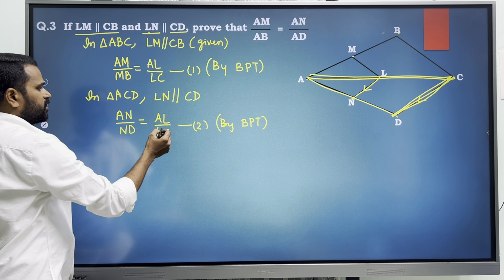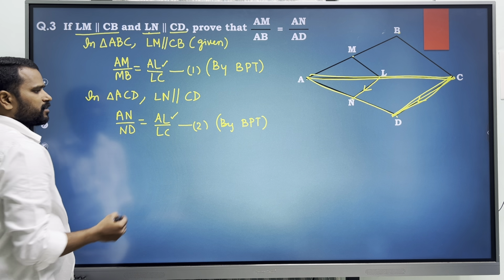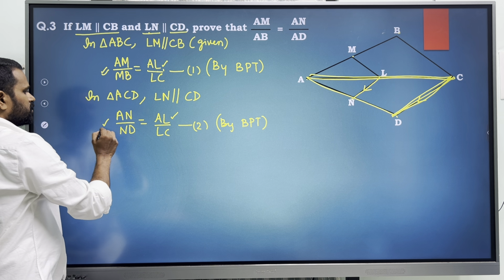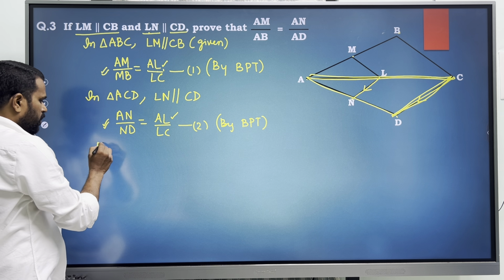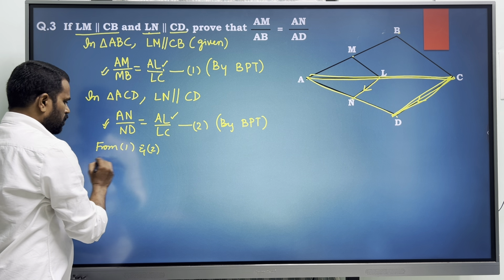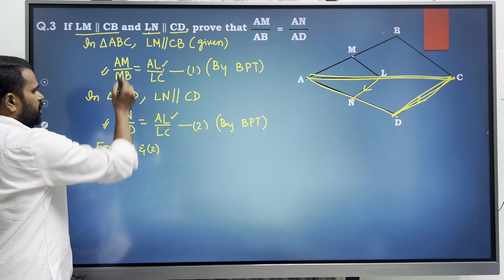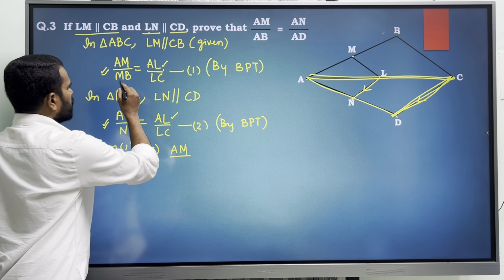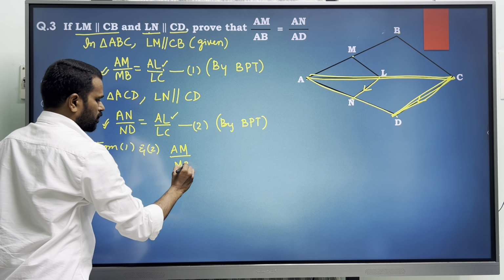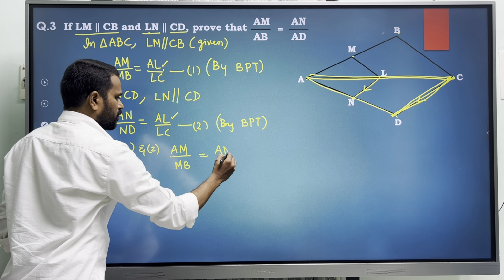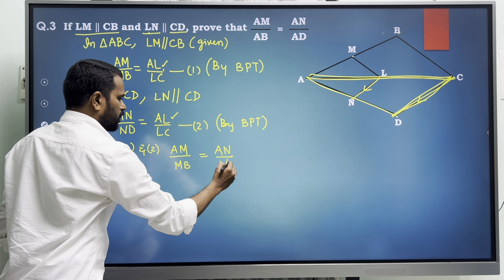See, the RHS is the same, right? From 1 and 2, the RHS is the same, so the LHS should be the same. So from 1 and 2 we can say that AM by MB is equal to AN by ND.